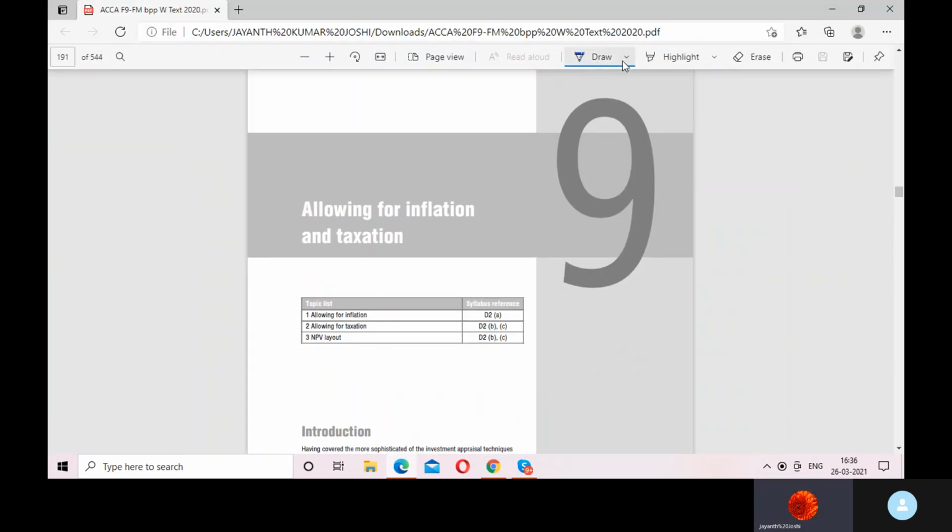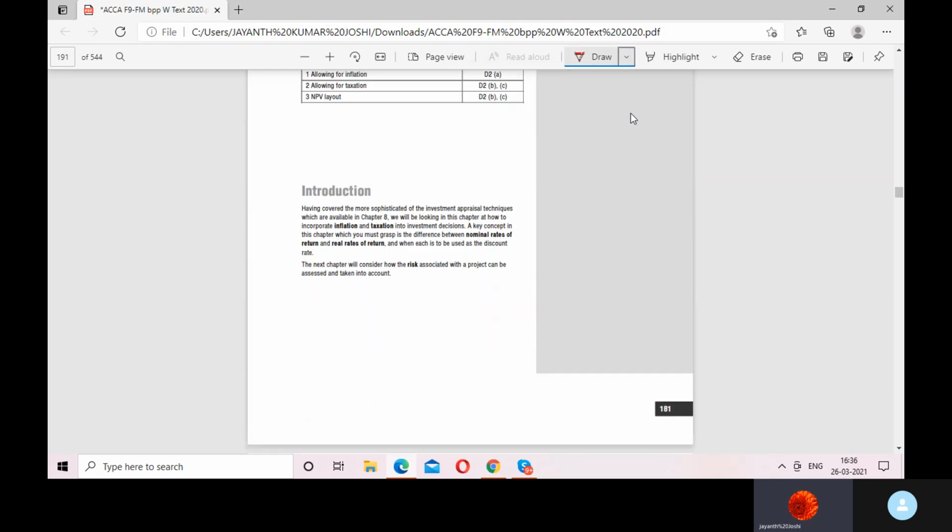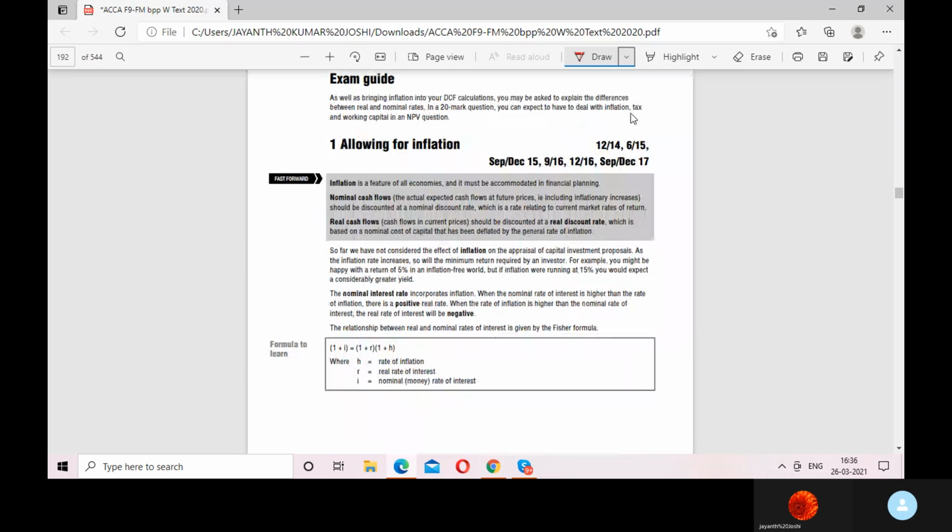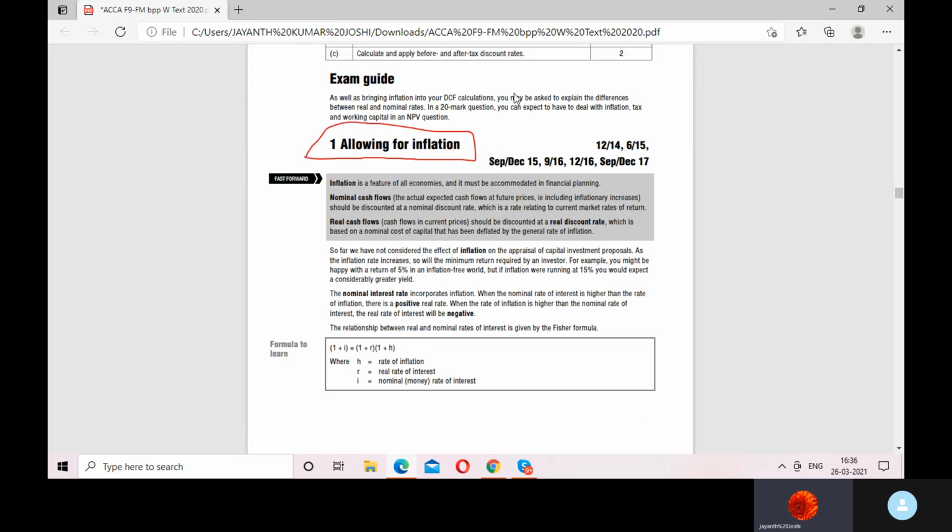Today's topic is allowing for inflation and taxation. See, in discounted cash flow, when you invest in a long term investment, definitely you expect the prices to get inflated. Okay, and this is inevitable.